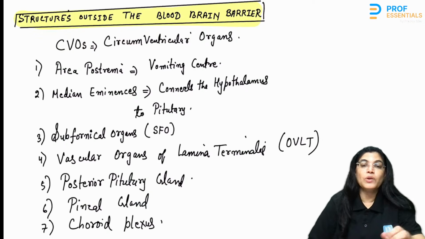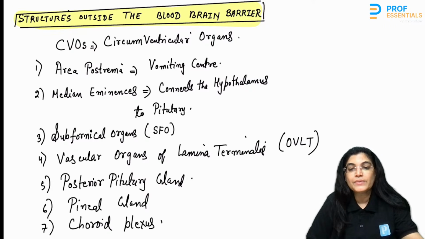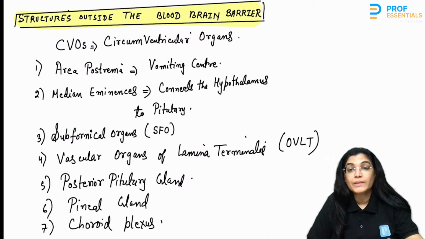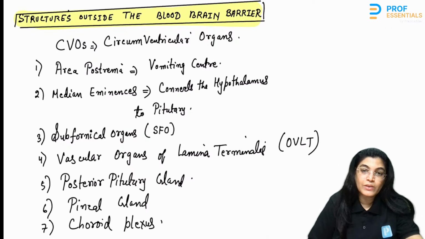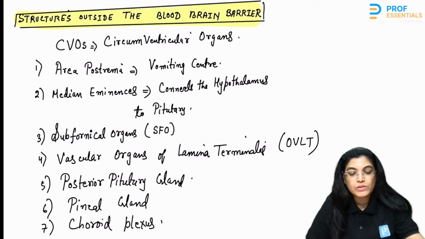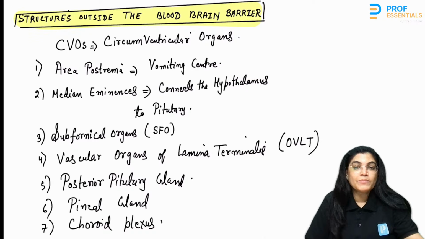Then we talked about the functional classification of neurons, where I gave you the concept of sensory neurons and motor neurons. I also told you the examples of sensory and motor neurons, and the concept of upper motor neuron and lower motor neuron, and where they are located.